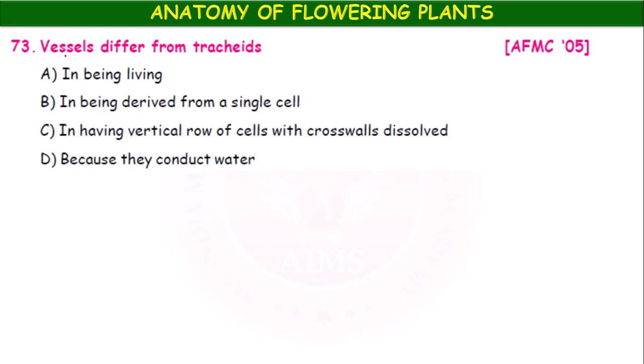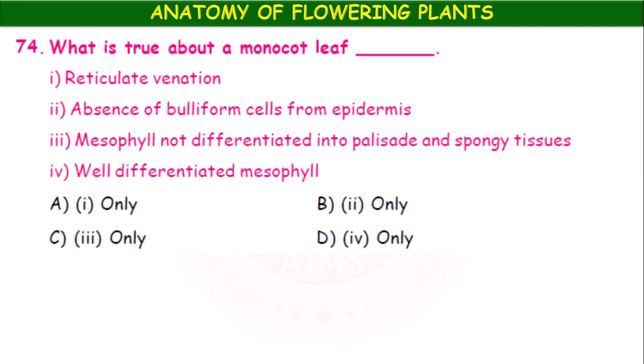Next, vessels differ from tracheids in being living, in being derived from a single cell, in having vertical rows of cells with cross walls dissolved because they conduct water. Okay, what is the difference between vessels and tracheids? It is in having vertical rows of cells with cross walls dissolved.